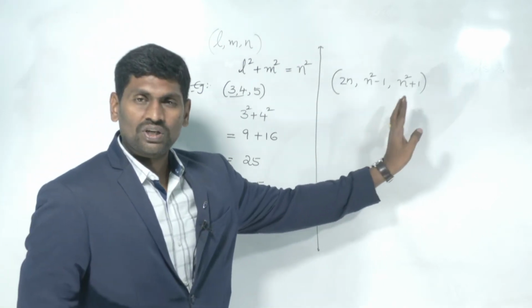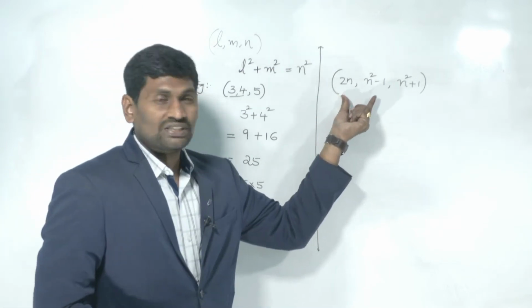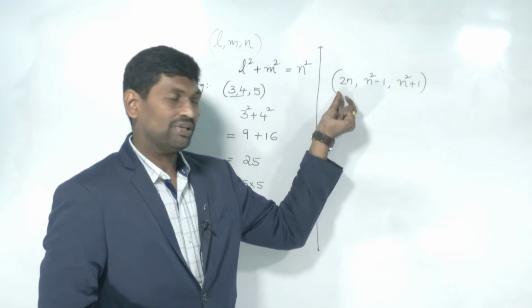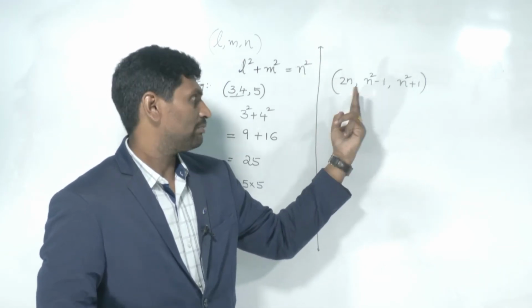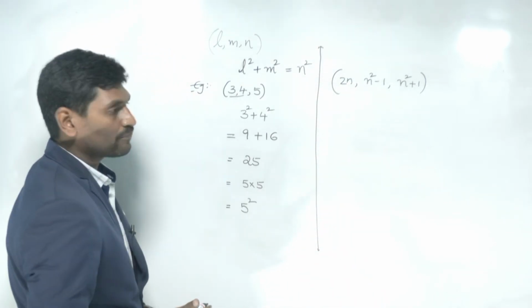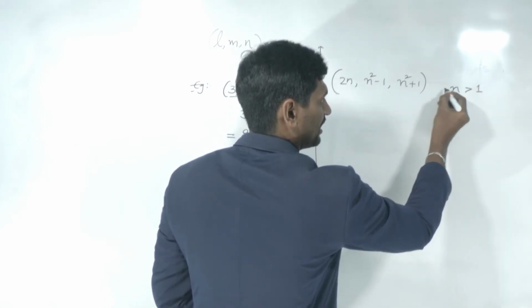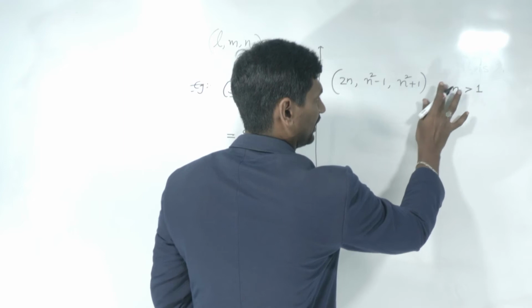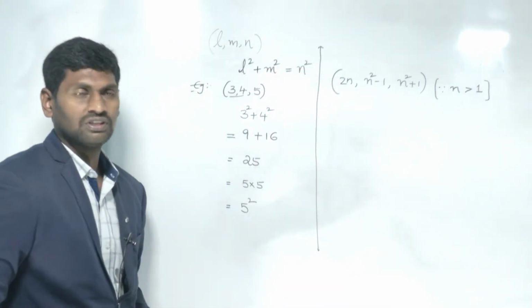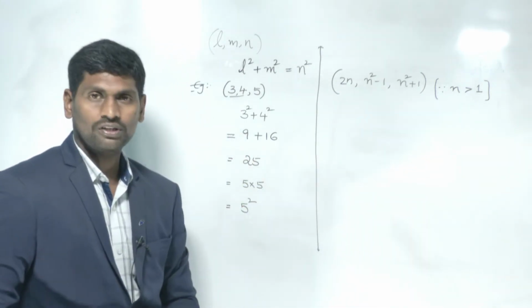The exact form can change, that means the position of the first 2 can be changed. Where the n value is greater than 1, for all natural numbers.